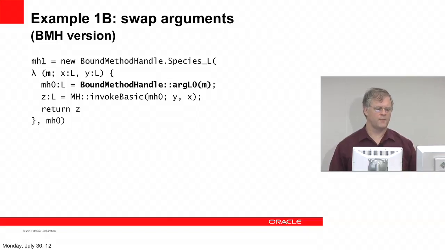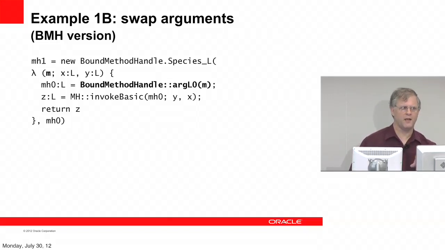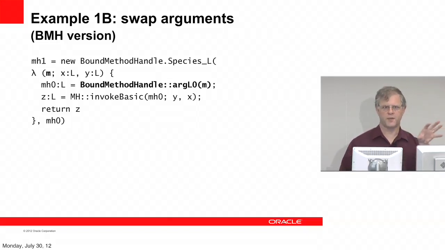It can be used for 100 different MH0 values, the same code but different instances of the bound method handle species L. The L, of course, means reference. It's a species that has one reference in it. And you'll notice the MH0 at the very end of the slide, which is where the particular target value is passed into the constructor of the bound method handle.